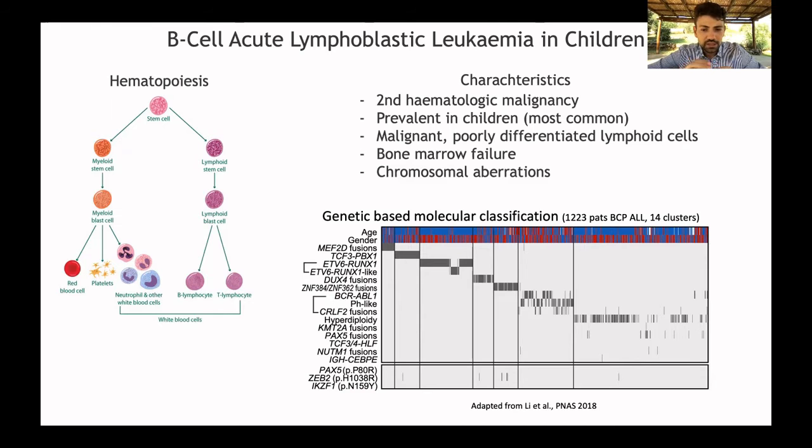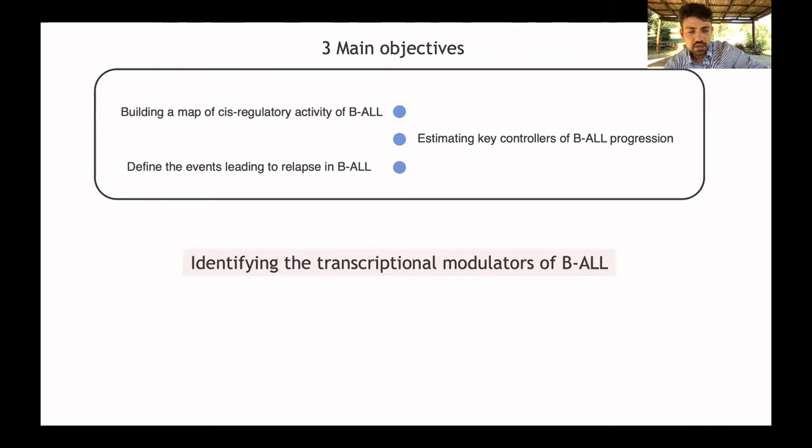Treatment for this disease works very well, but unfortunately, in 10% of the cases, children evolve with a relapse, with a new aggressive and drug-resistant cancer. So this investigation has three main objectives.